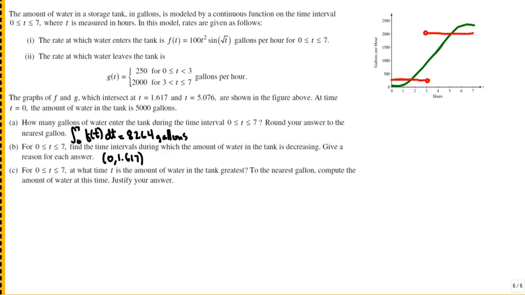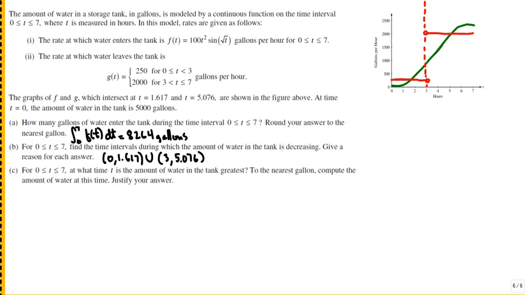From that point on, the rate at which it's entering is going to be much greater up until time t equals 3. At t equals 3, it jumps up again, and the rate at which water is leaving is greater than the rate at which water is entering until we get to the intersection point. So that would look something like this.